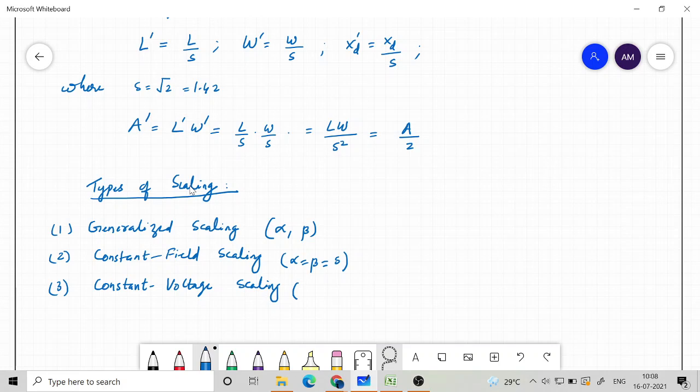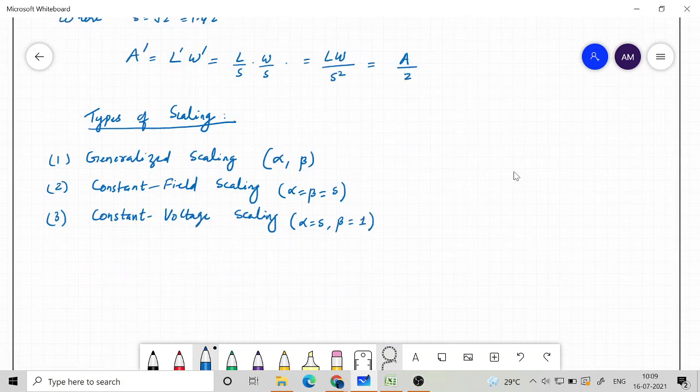And in constant voltage scaling, alpha is equal to S, but beta is not scaled. Beta is 1.